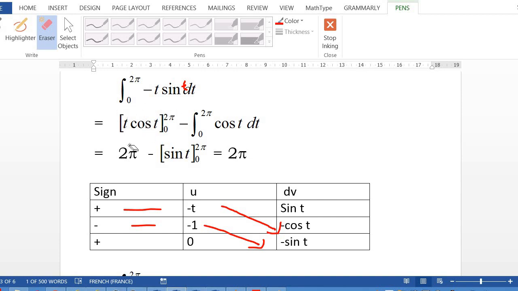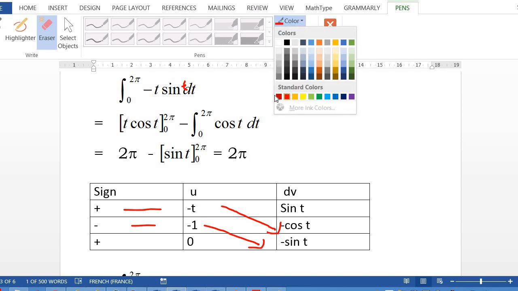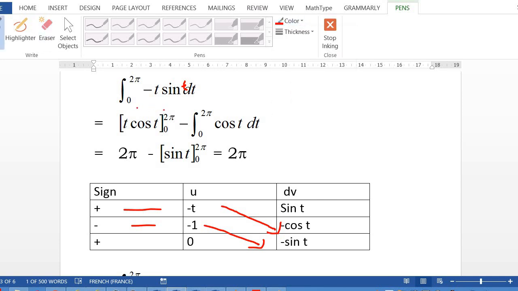Evaluate the integral of t cos t from 0 to 2 pi. We have 2 pi cos 2 pi, and cos 2 pi is 1. When you plug in 0, 0 times anything you get 0.